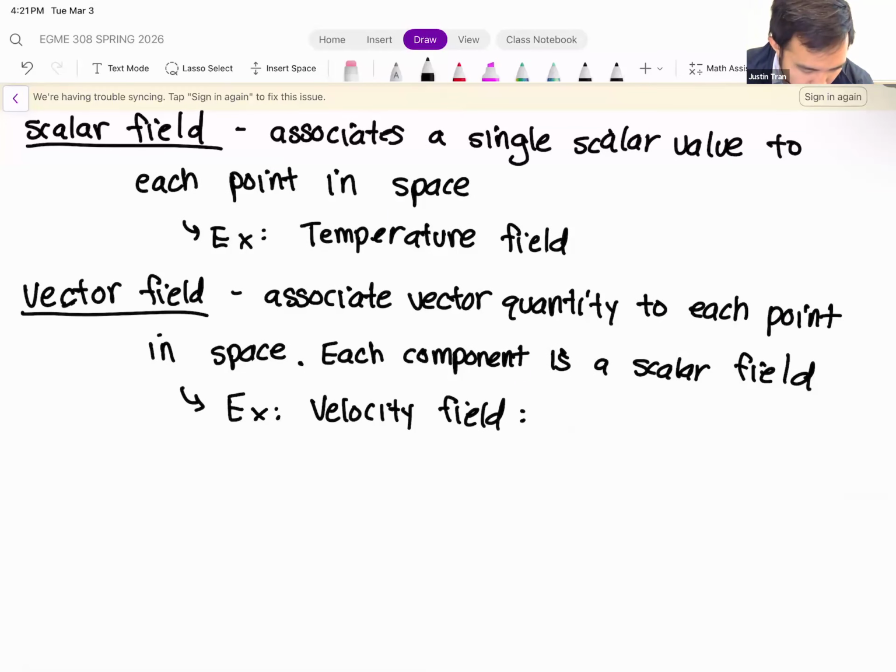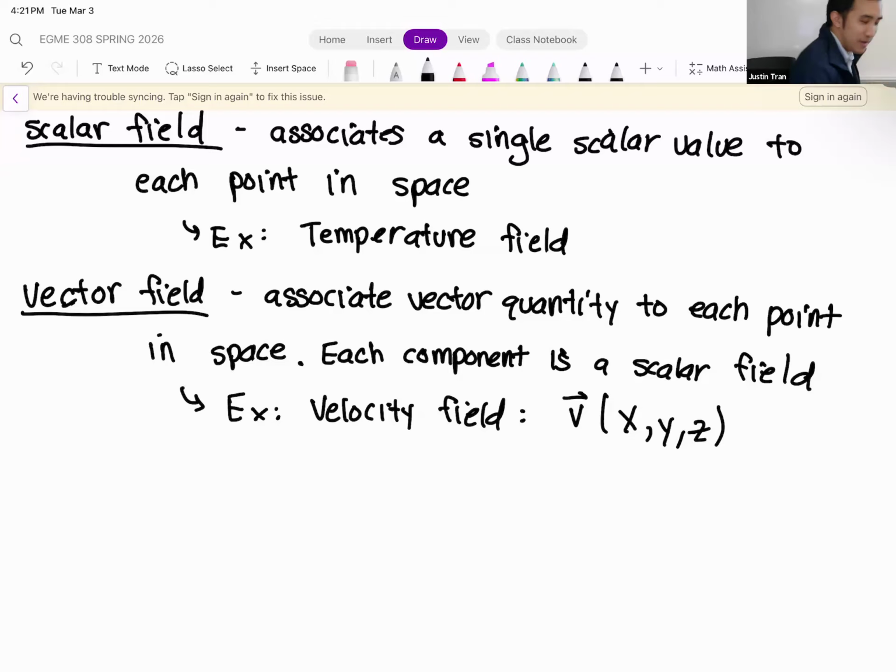For the velocity vector field, we would have v with an arrow above it as a function of x, y, z. Now our velocity vector will have its own x, y, z components, and each of those components will be functions of x, y, z.